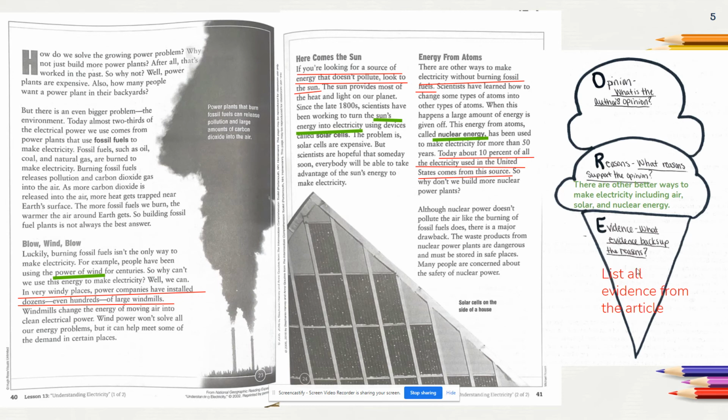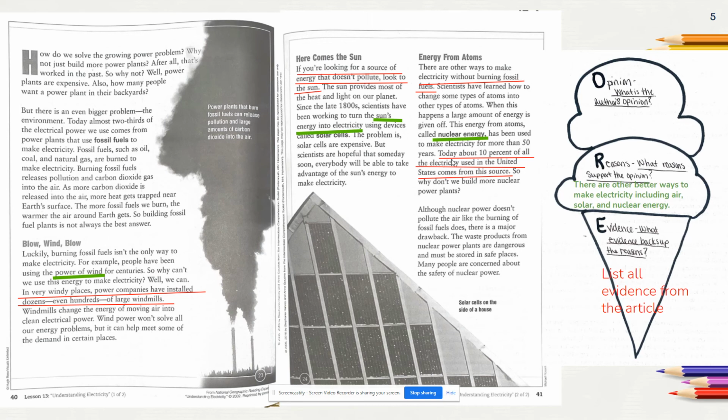This is evidence to back up the reasoning that supports the author's opinion. Another form of evidence is that there are other ways of making electricity without burning fossil fuels, including nuclear energy.